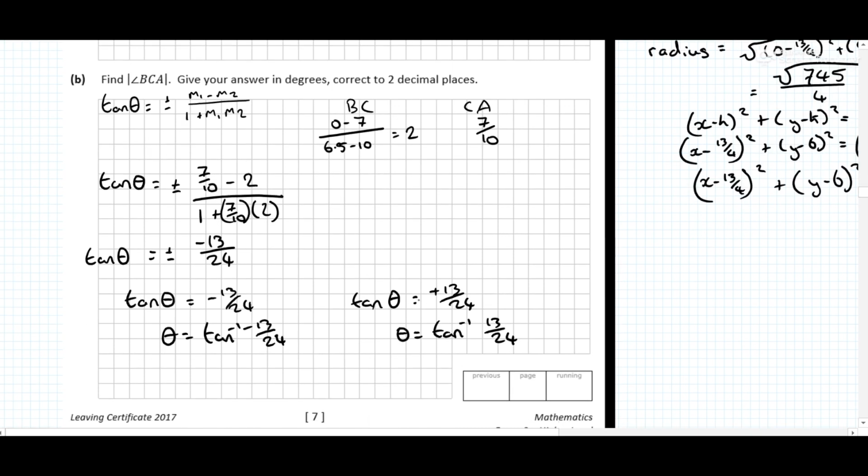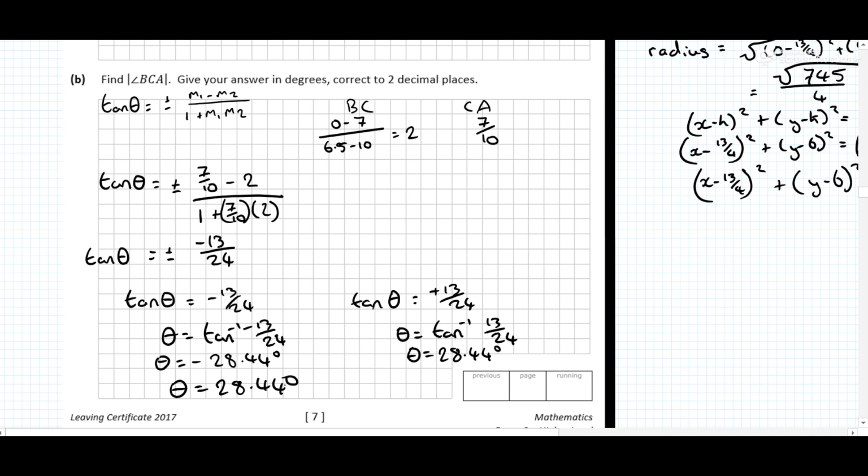If we'd used the minus to get a plus, then we get theta is equal to 28.44 degrees, which is theta to the closest 2 decimal places. Or if you chose the negative one, you'd get theta is equal to minus 28.44, but there's no such thing as a negative angle in this case, so we change it just to 28.44. It doesn't really matter, you get the right answer at the end.